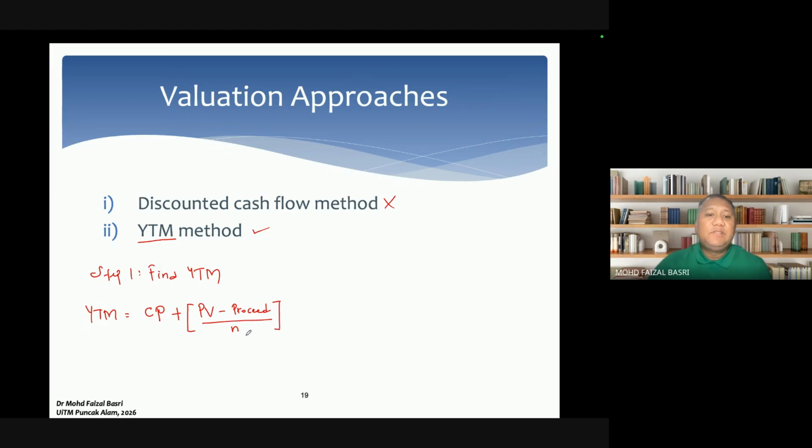N ni adalah maturity. Okay, how many years left to maturity. Then we're going to divide everything, okay, by the par value. Again, plus with the proceed. And we divide it by 2. Okay, and then we multiply with 100 lah to get in percentage.